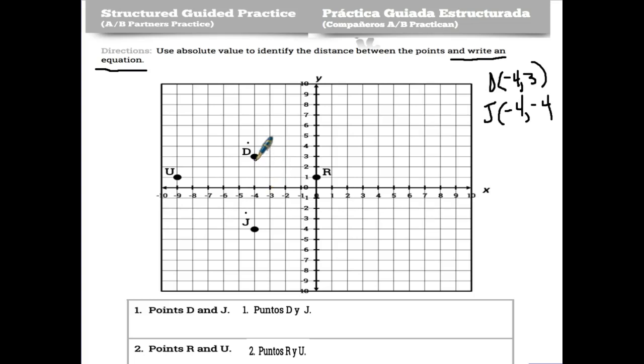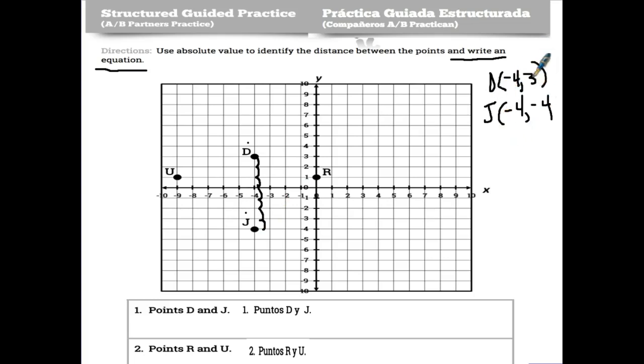But first I'm going to count and then confirm with the absolute value. So I'm going to start at D, and I'm going to count 1, 2, 3, 4, 5, 6, 7. So I have a distance of 7 spaces.